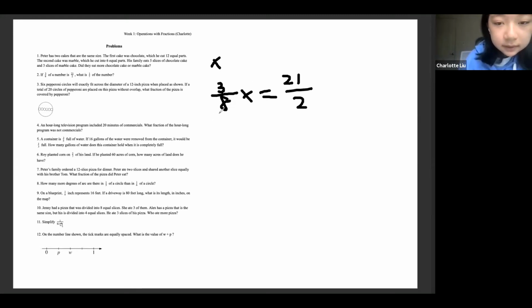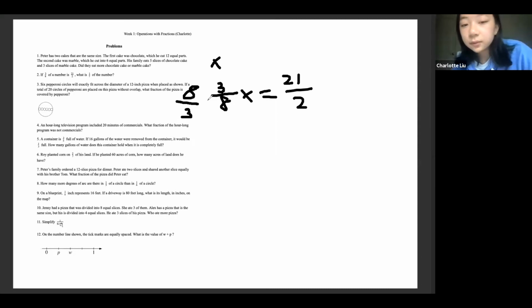We can multiply by 8 over 3, because 8 over 3 is the reciprocal of 3/8, which means that 8 over 3 times 3/8 will equal 1. So you'll just have 1x, which is x. Since you multiply one side, you also have to multiply by 8/3 on the other side.